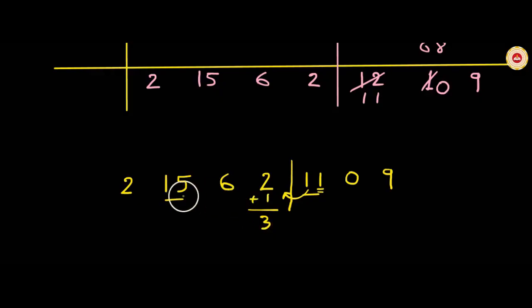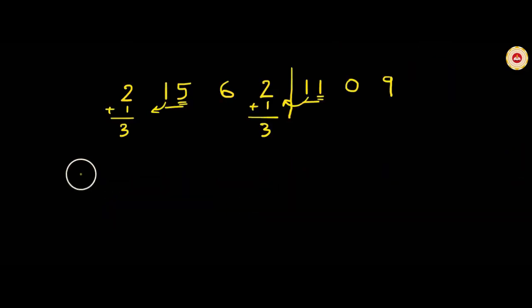Correct? 15. In this part we have an extra digit. Retain the units place digit 5 and pass the tens place digit 1 to its immediate left. 2 plus 1, 3. So now write the final answer. Write 3, 5, 6, 3, point. See, this is the decimal line.